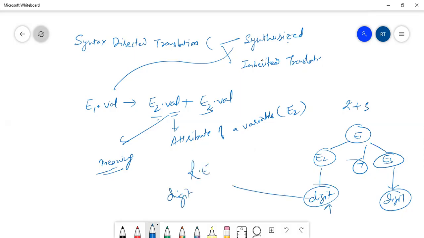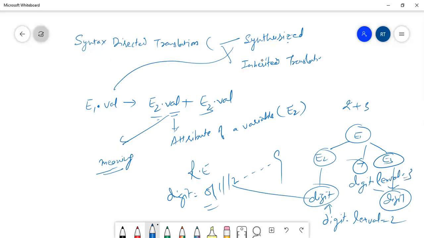We write digit as a regular expression: 0 or 1 or 2 or 3 and so on up to 9. So we can write digit.lexval is equal to 2, for example, and digit.lexval is equal to 3.